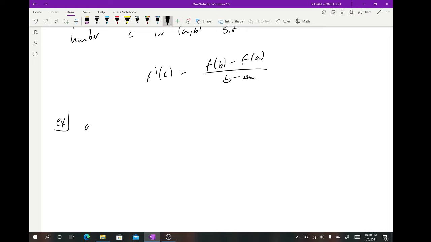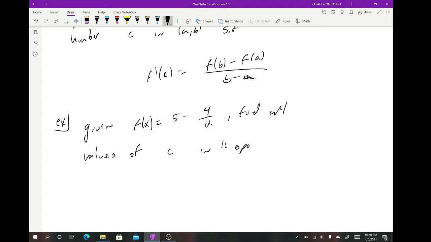Right, so let's say given f of x equal to 5 minus 4 over x, we want to find all values of c in the open interval (1, 4) such that f prime of c is equal to f of 4 minus f of 1 over 4 minus 1.